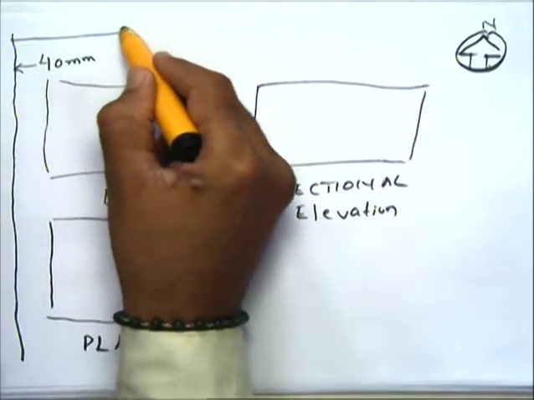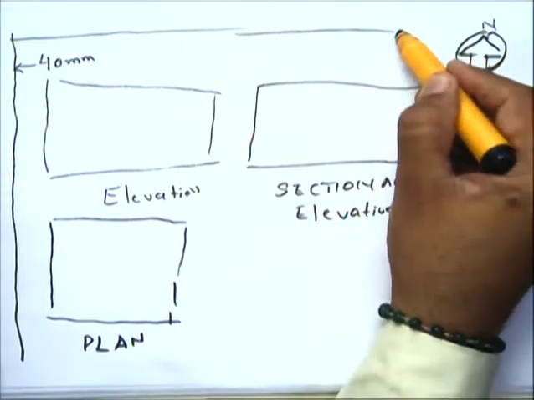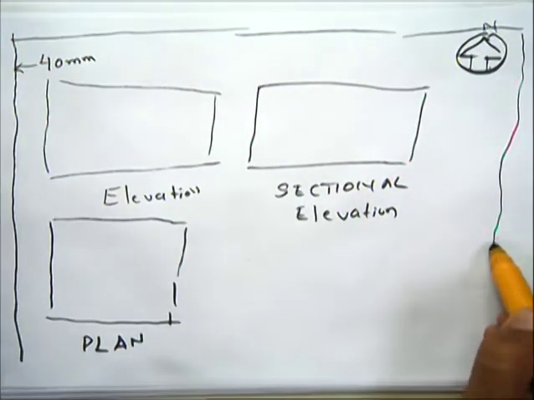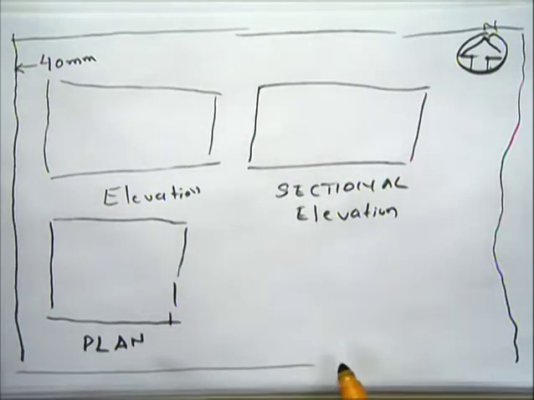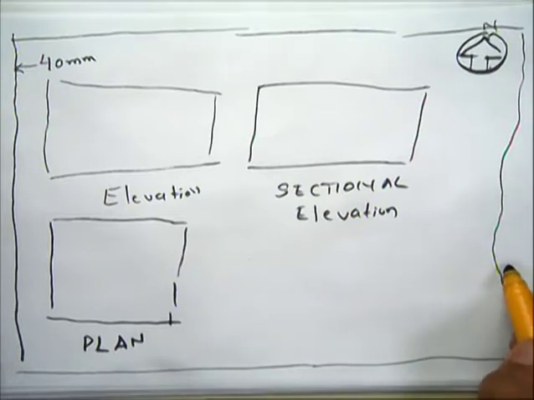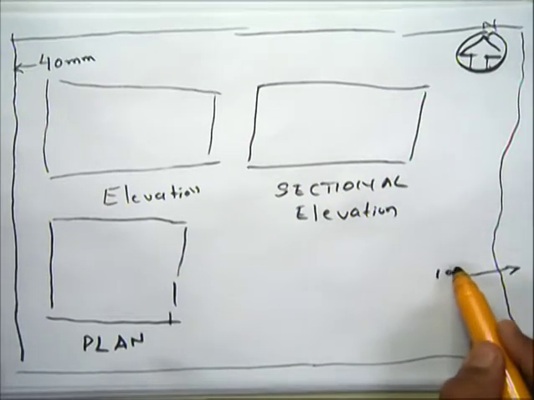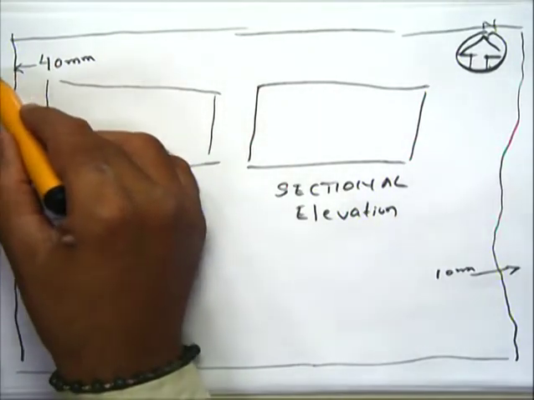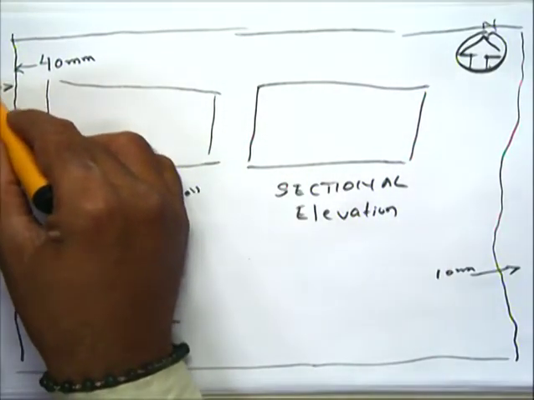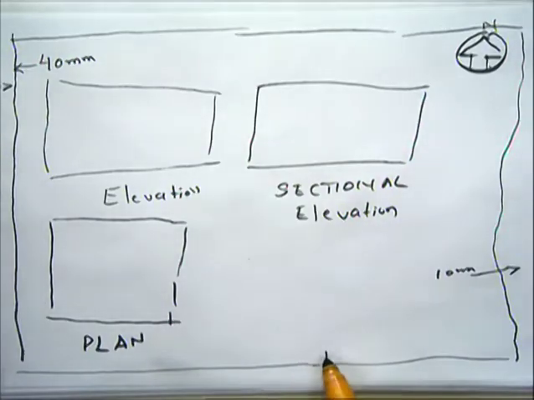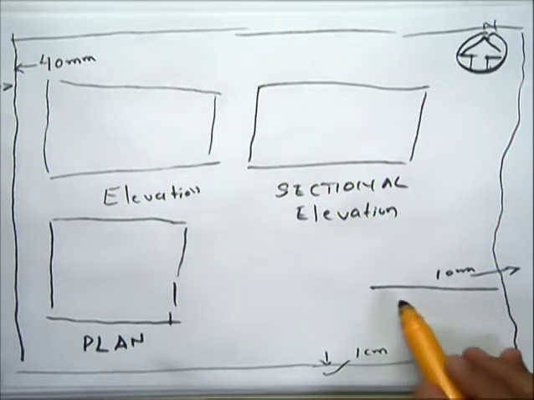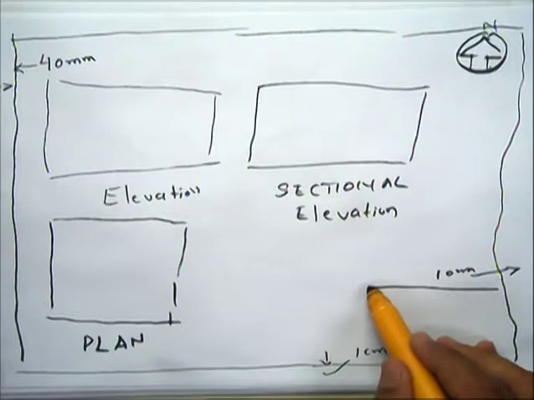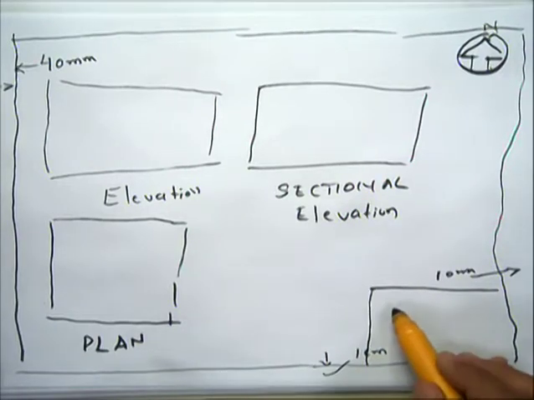On the remaining three sides, we will be leaving a margin of 10 mm. This means 40 mm is equal to 4 centimeter on the left, and the other margin is 1 centimeter, and at the right bottom corner we will have the title block.